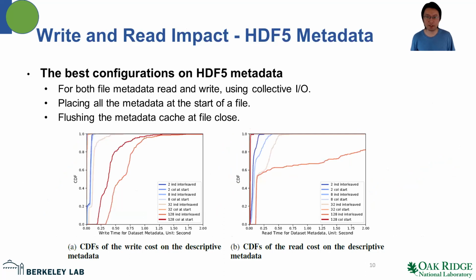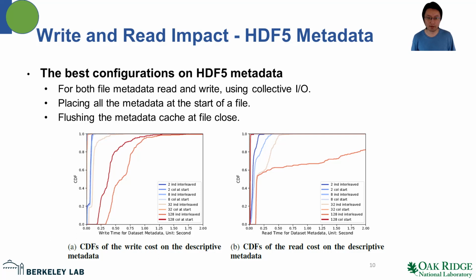Next, we look at the HDF5 metadata impacts on both the write and read performance. Through our experiments, we have compared the independent IO against the collective IO, and also compared grouping the metadata at the start of the file against the scattered metadata across the file, which is the default.